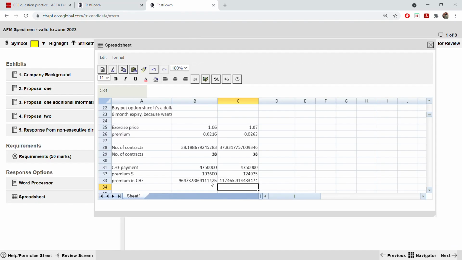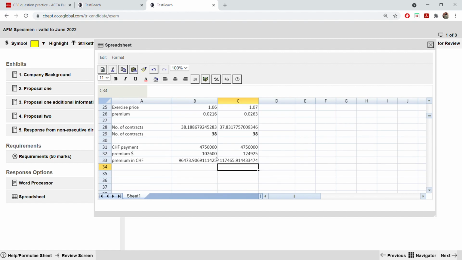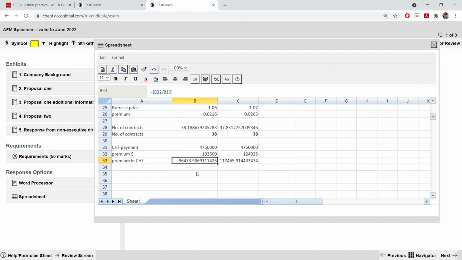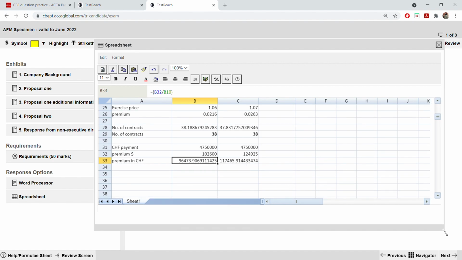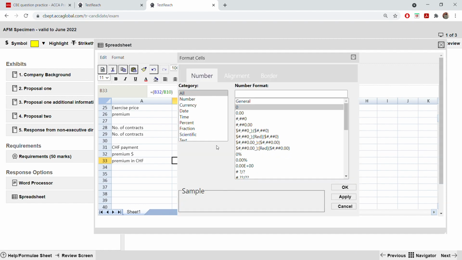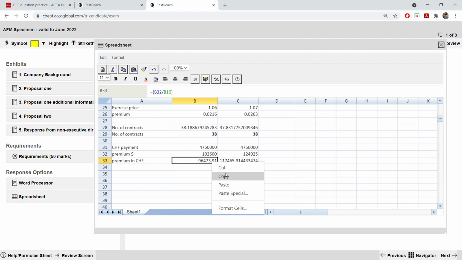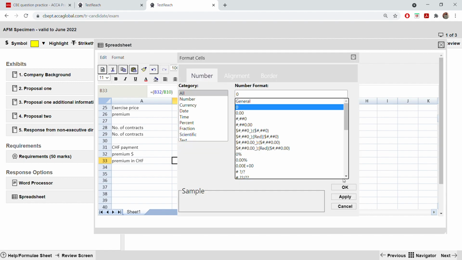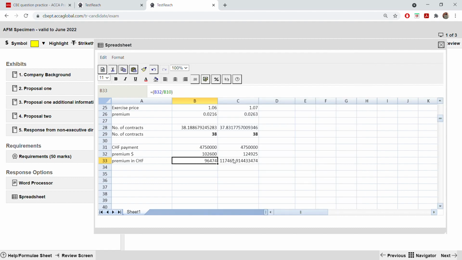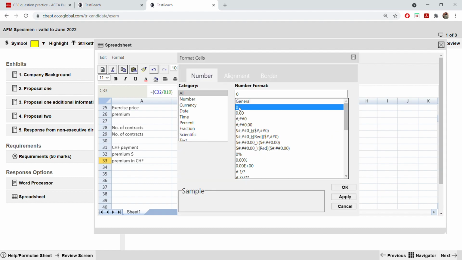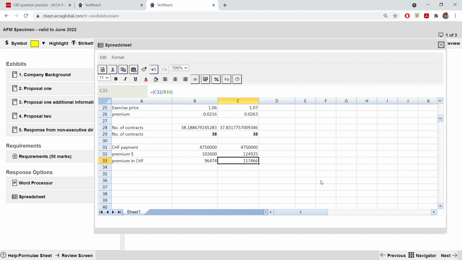Now if you want to round this up to the whole number, format cell, go here and OK. Format cell 0, OK. Make sure that you write everything in this one. This is now in Swiss franc.